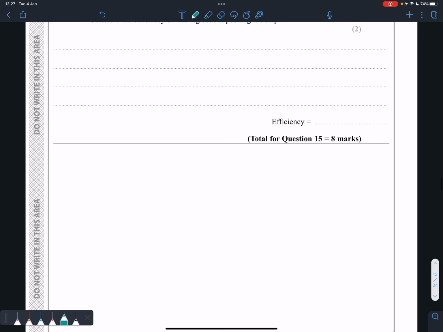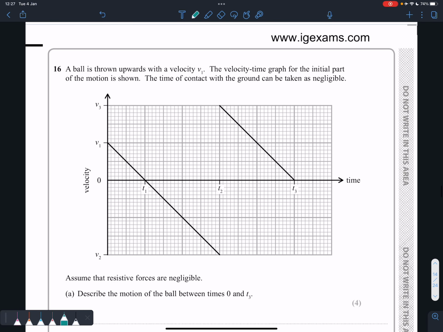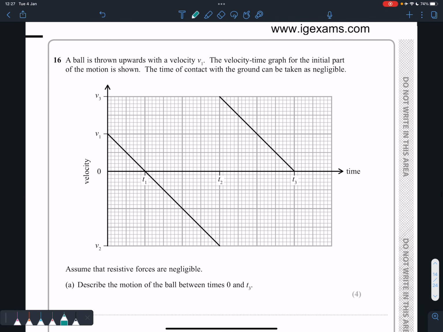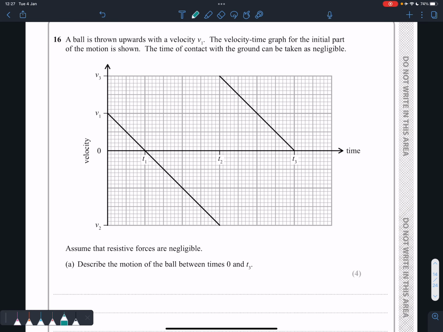Okay, right, next question. You're throwing a ball upwards. Okay, I love these questions because you've got to work out what's actually going on. Describe the motion of the ball between times 0 and t3. Okay, so the thing to do at time 0, what velocity has it got? It's got v1.